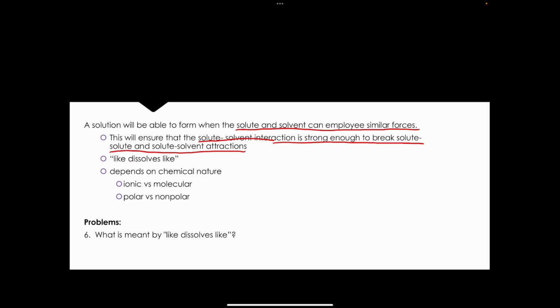Now, when we talk about like dissolving like, this is referring to intermolecular forces. Like dissolving like means that a solute will dissolve in a solvent with similar strength intermolecular forces.